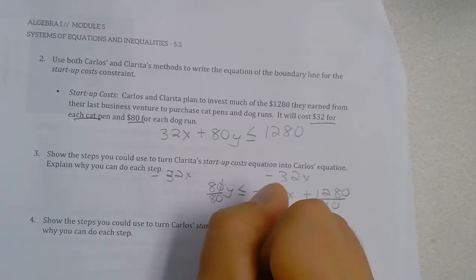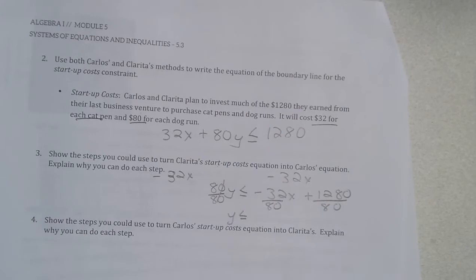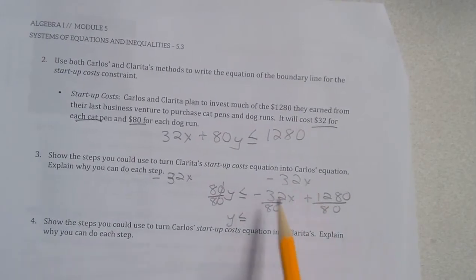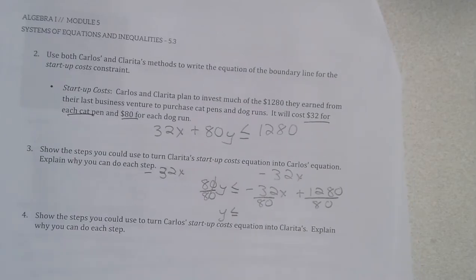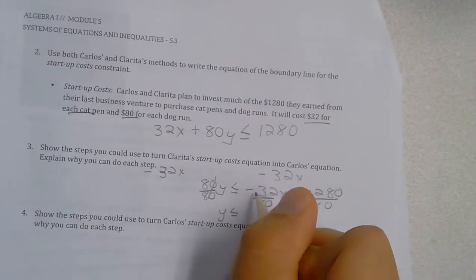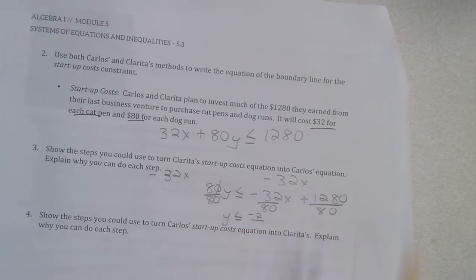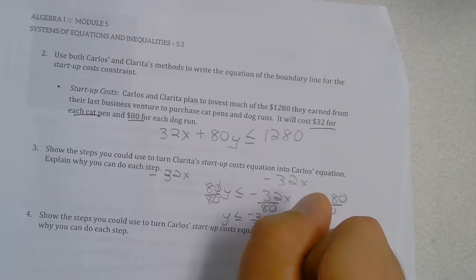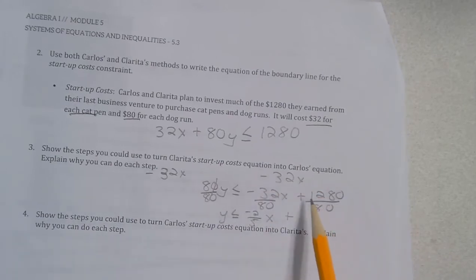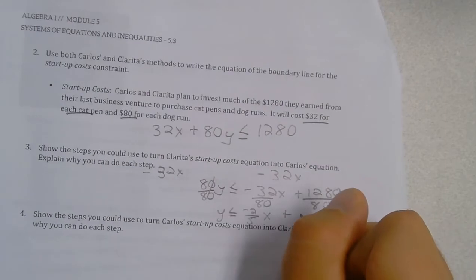And I would get y is less than or equal to... And to simplify, negative 32 divided by 80, I'm going to divide both numbers by 16. Negative 32 divided by 16 is negative 2, and 80 divided by 16 is 5. So negative 2/5 x plus. And now 1,280 divided by 80, I get 16.